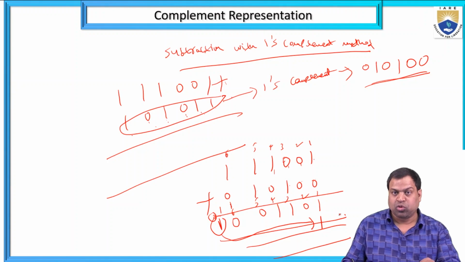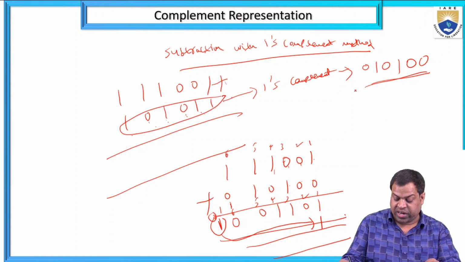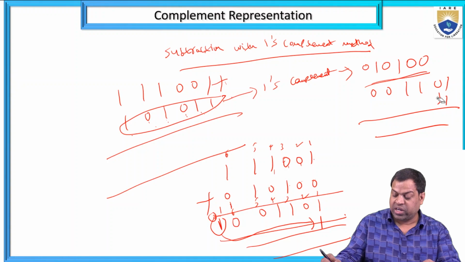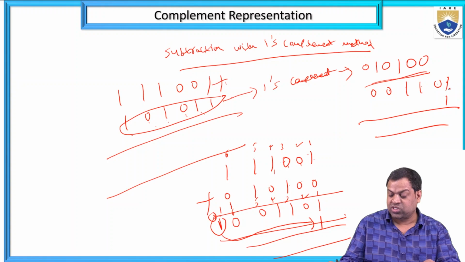So this one is now removed, because I added it here. So 001101, six digits. Now balanced. This carry is added into the LSB.